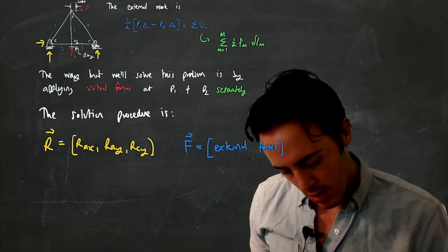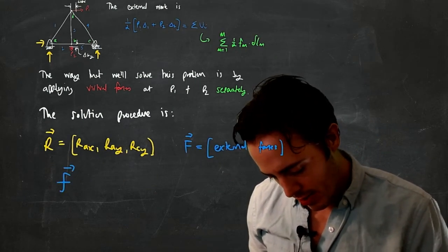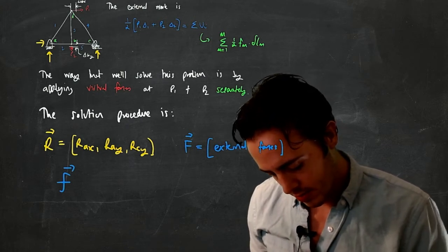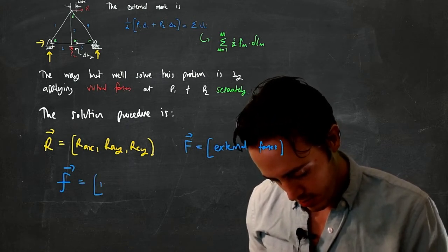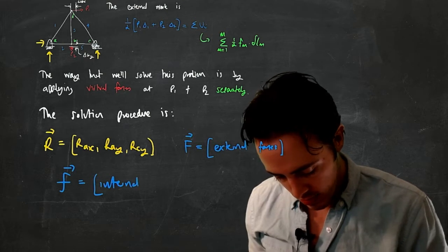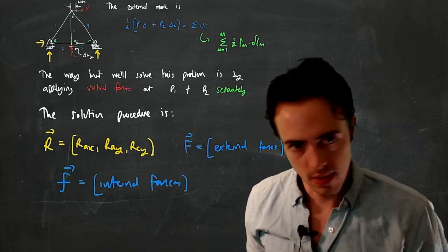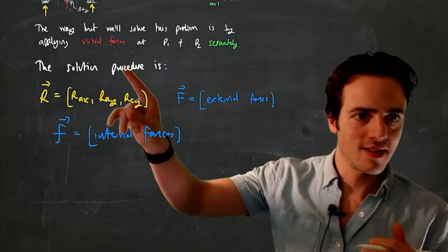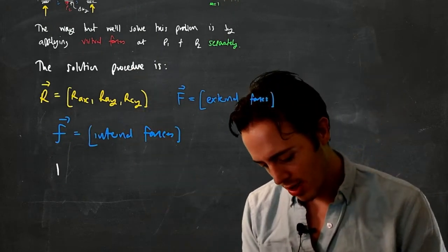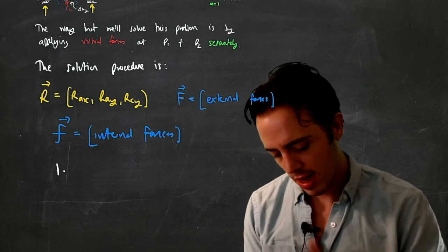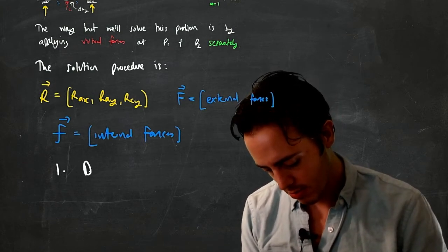And then lowercase f is our internal forces. So now I will actually do the solution procedure, the bit that I said I'd write. The first step is to determine the reactions as a function of the external forces.